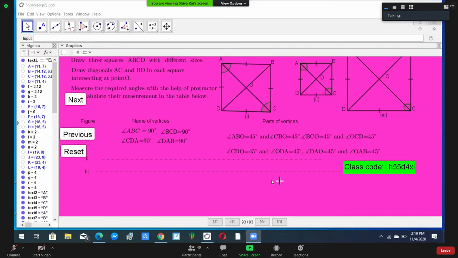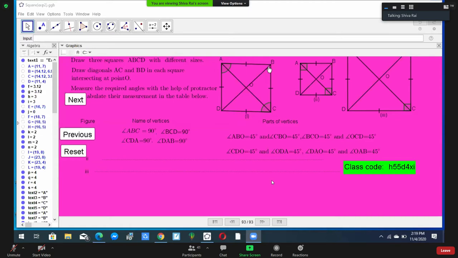So here, section E. Are you listening to me? Yes, sir. Last time I provided the Google Classroom code for section DEF, but section D is divided, so I am providing a new code this time.